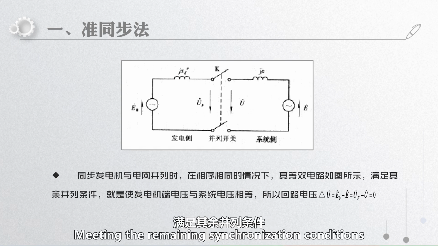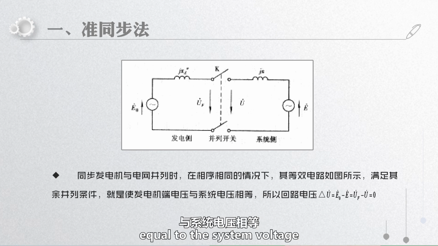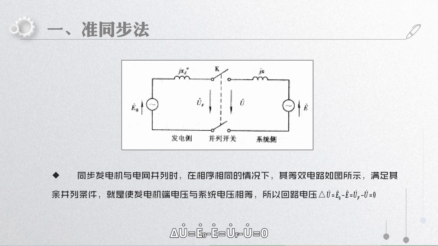Meeting the remaining synchronization conditions means making the generator terminal voltage equal to the system voltage: ΔU = E0 − E = UF − U = 0.